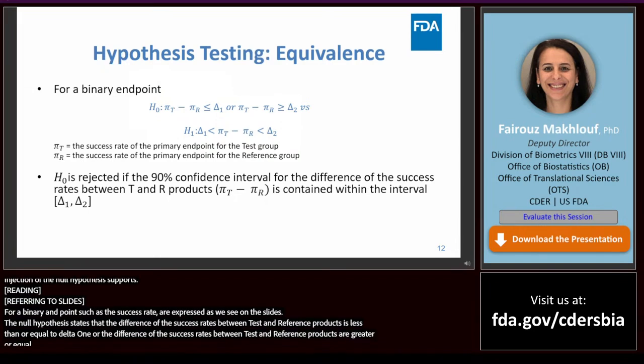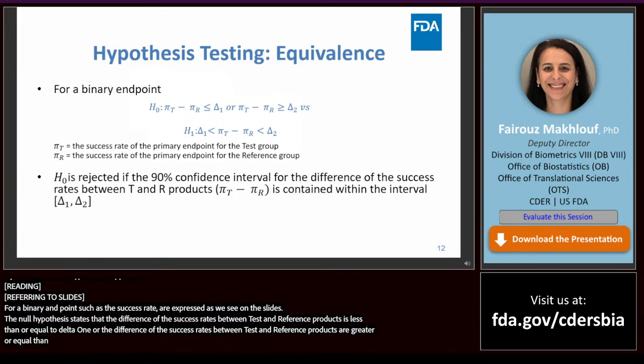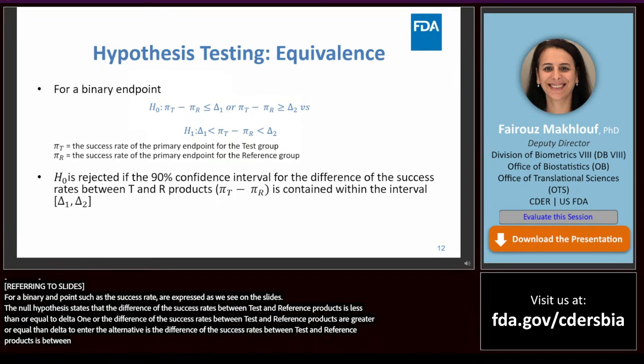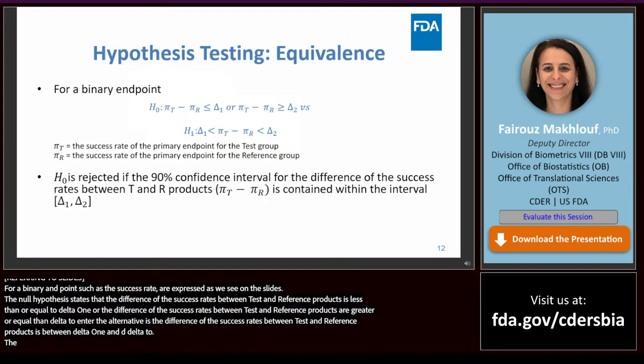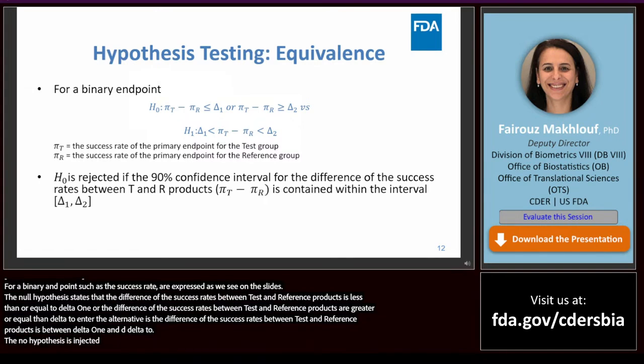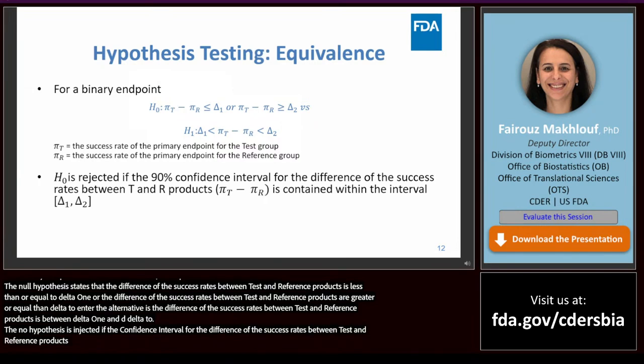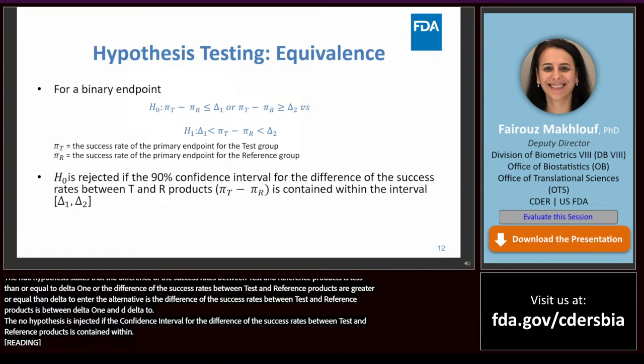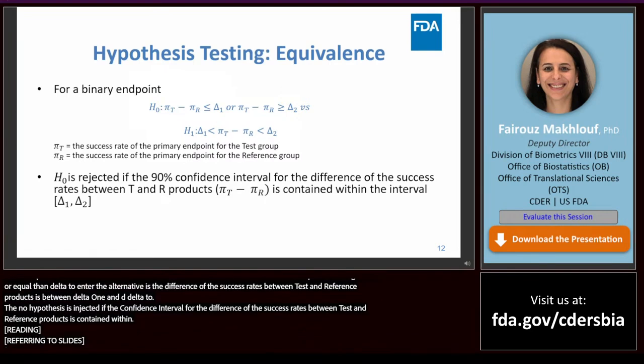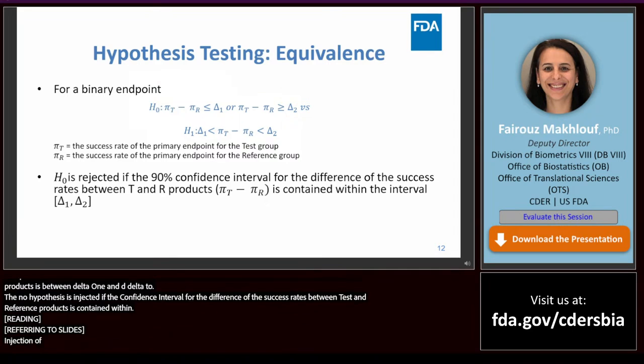The alternative hypothesis states that the difference of the success rates between test and reference product is between delta 1 and delta 2. The null hypothesis is rejected with a type 1 error of 0.05 if the 90% confidence interval for the difference of the success rates between test and reference product is contained within the closed interval delta 1, delta 2. Again, rejection of the null hypothesis supports the conclusion of equivalence of the two products.